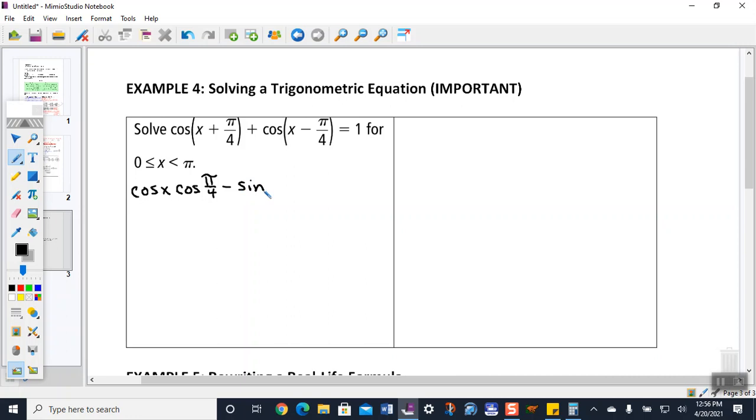Sine x, sine pi over 4. Okay, you agree that that's for this first part right here? Okay, I'm going to put that all in parentheses for my first part like this. And then to that, we're going to add. And here we go. Second set of parentheses. This will become cosine x, cosine pi over 4, right?